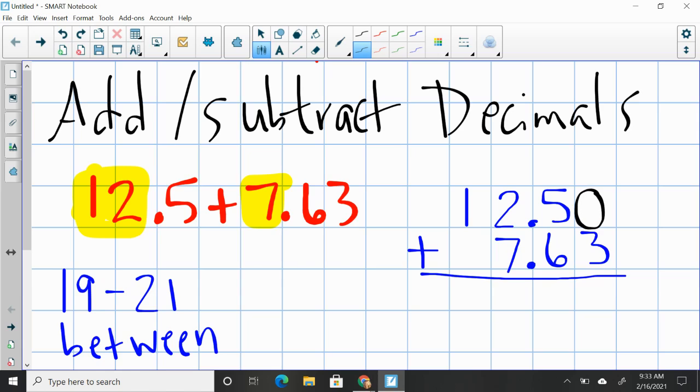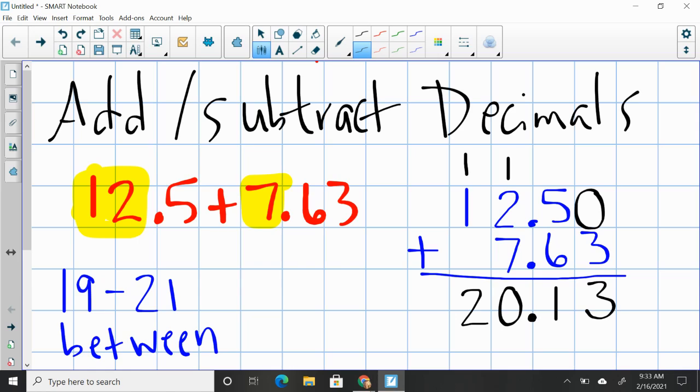And I can go ahead and start adding. So 0 plus 3 is 3. 5 plus 6 is 11. So I'm going to put my 1 here and carry my 1 over to the ones place. 1 plus 2 is 3. 3 plus 7 is 10. Carry my 1 to the tens place. And 1 plus 1 is 2. And my decimal point in this case is just going to drop straight down here.